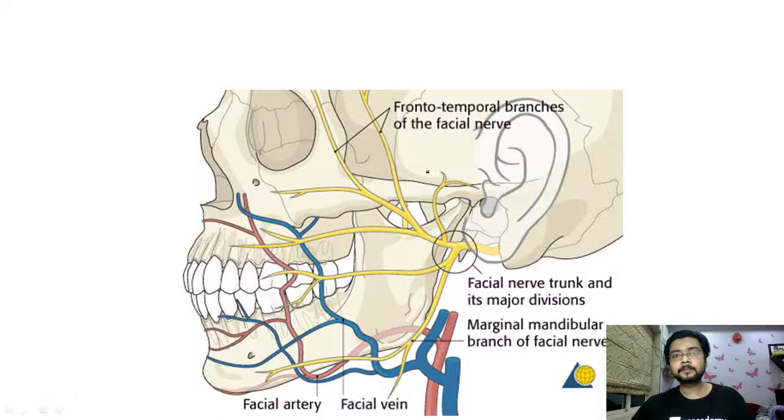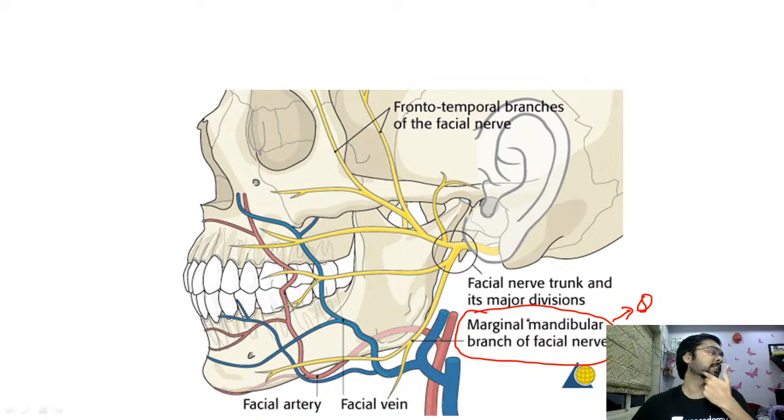Now what is left? One nerve is left, which is the marginal mandibular nerve, or marginal mandibular branch of the facial nerve, which we said is not involved in thyroid surgeries, meaning not at risk of damage during thyroid surgery. Why did we say that? Because if you see, this nerve is present along the ramus of the mandible, somewhere here.